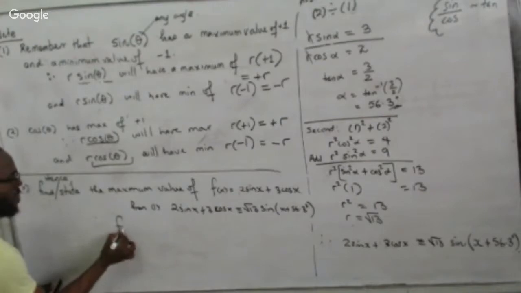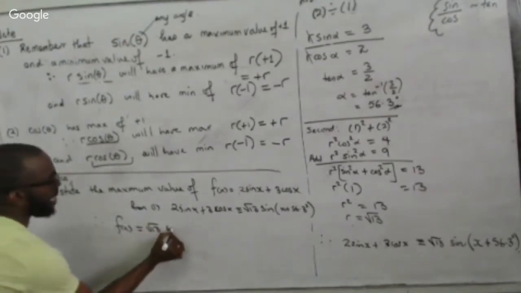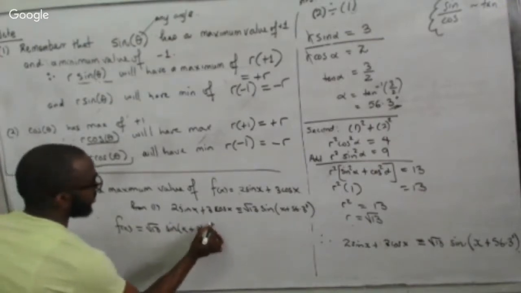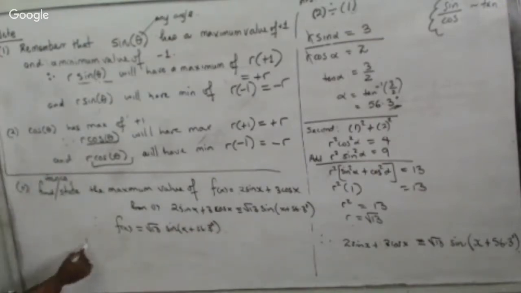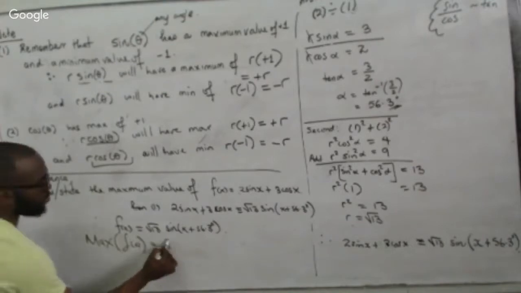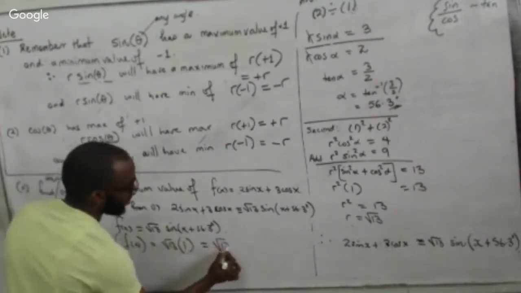Therefore, f of x can be rewritten as root of 13 times sine of x plus 56.3 degrees. So what's the maximum? Maximum of f of x is equal to root of 13 times 1, which is equal to root of 13.